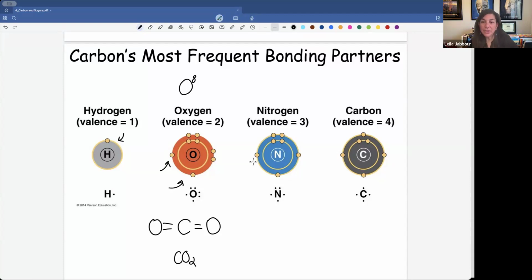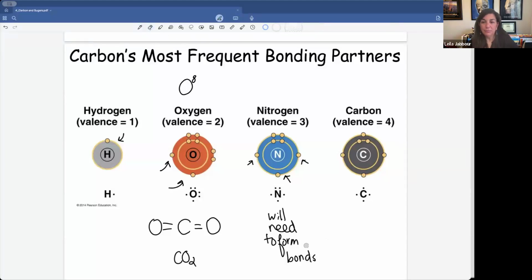Nitrogen has 1, 2, 3 spots available in the valence shell. So nitrogen will need to form 4 bonds. Oops, sorry, 3 bonds.